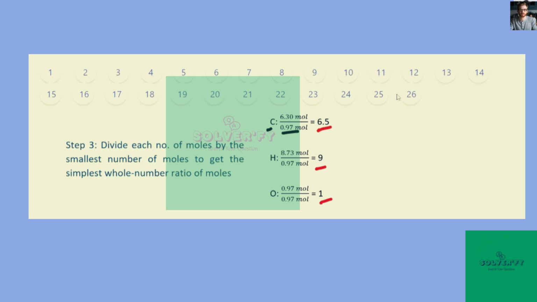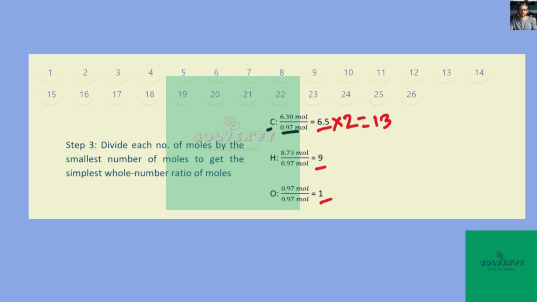Now here you can see that 9 and 1 are whole numbers, but 6.5 is not a whole number. So to convert it to a whole number, we will look for the smallest multiple which can make a whole number of it. If we multiply 6.5 by 2, it will give us 13. So that is a whole number. But in that case, we will have to multiply each of the rest, hydrogen and oxygen, to keep the balance between the number of moles.